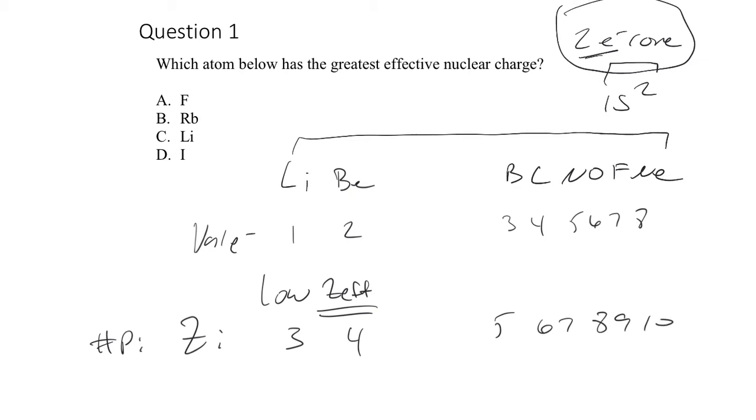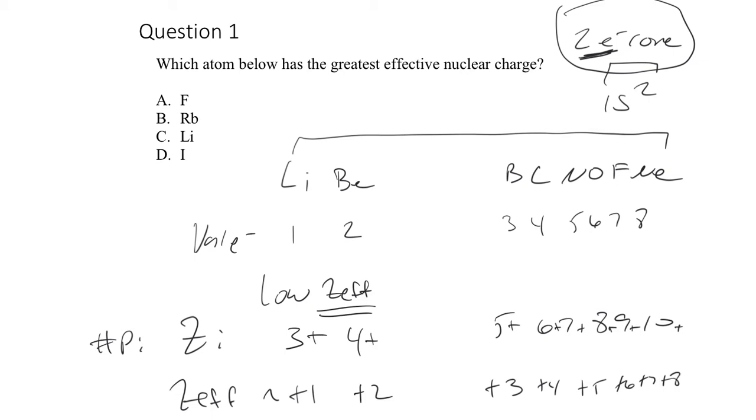If really only these 2 electrons are dampening this positive charge, you really just have 2 electrons getting in the way. So your Z effective is approximately equal to plus 1, plus 2, plus 3, plus 4, plus 5, plus 6, plus 7, plus 8.